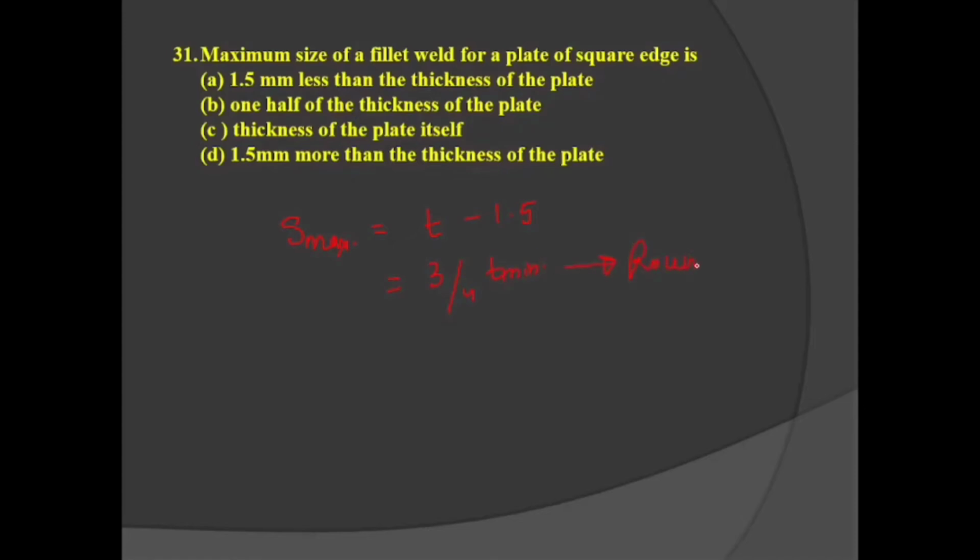This is for the rounded edge connection, and this is for the square edge connection. So here option A is correct, that is 1.5 mm less than the thickness of the plate.